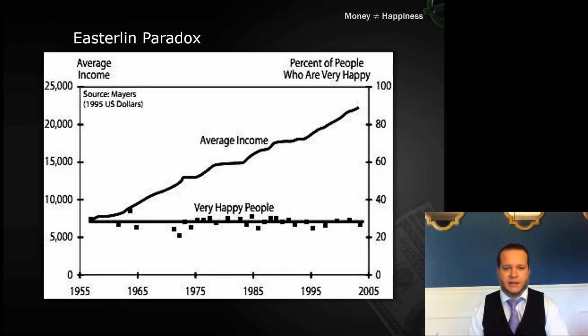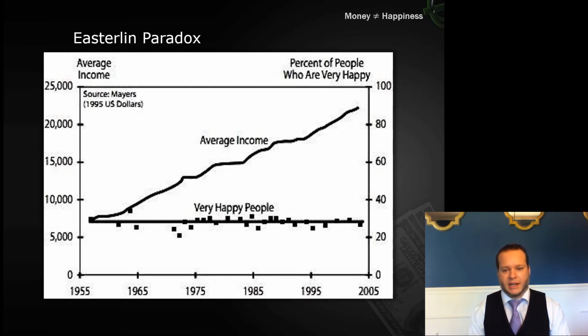Another set of results, though, looks like this. When you look at the average income of people over time, so not just at one point in time, but across time, here you can see that over time, people's income went up. That's what that income line going up there means. And before you think, oh, this is just inflation, no, they've already adjusted for inflation. So people are actually significantly wealthier.